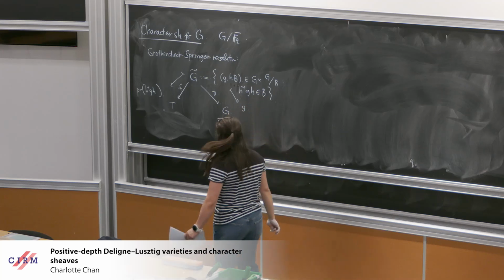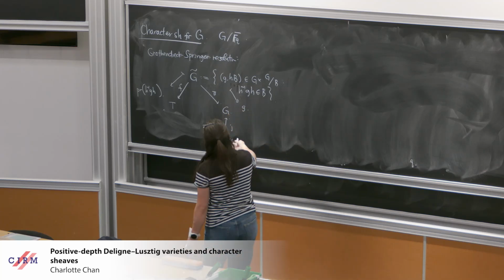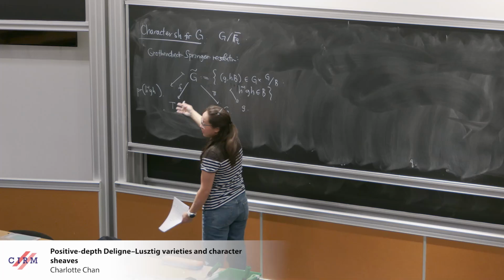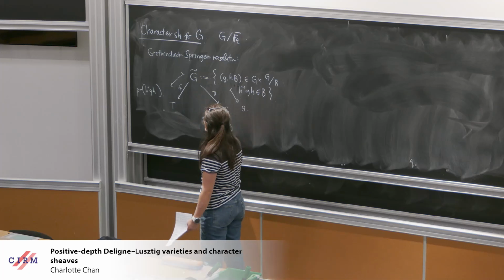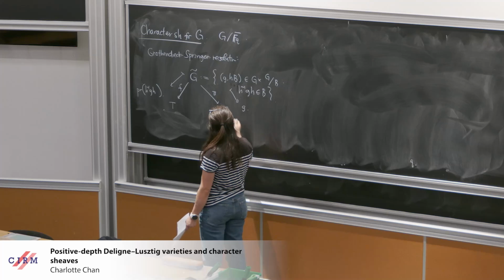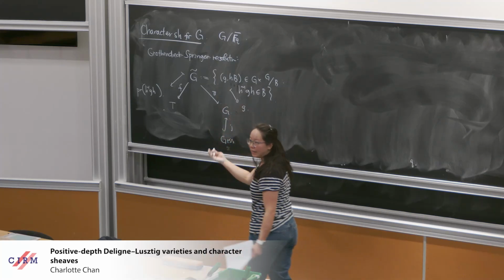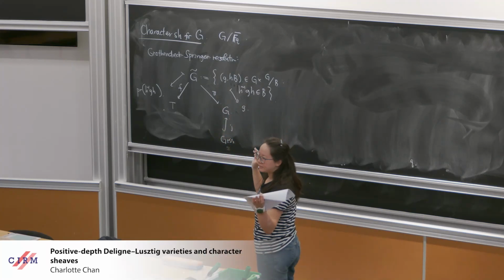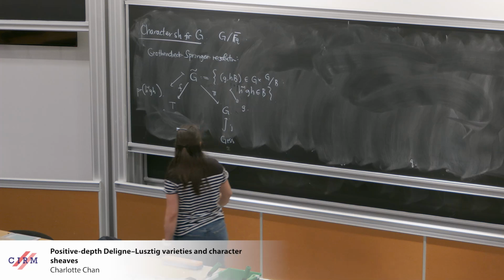That's what regular semi-simple means. And what I can do is to say, okay, I look at the Grothendieck-Springer resolution, but I only look at the part above this regular semi-simple locus. This thing is open and dense in here, in the same way that 100% of matrices have distinct eigenvalues.